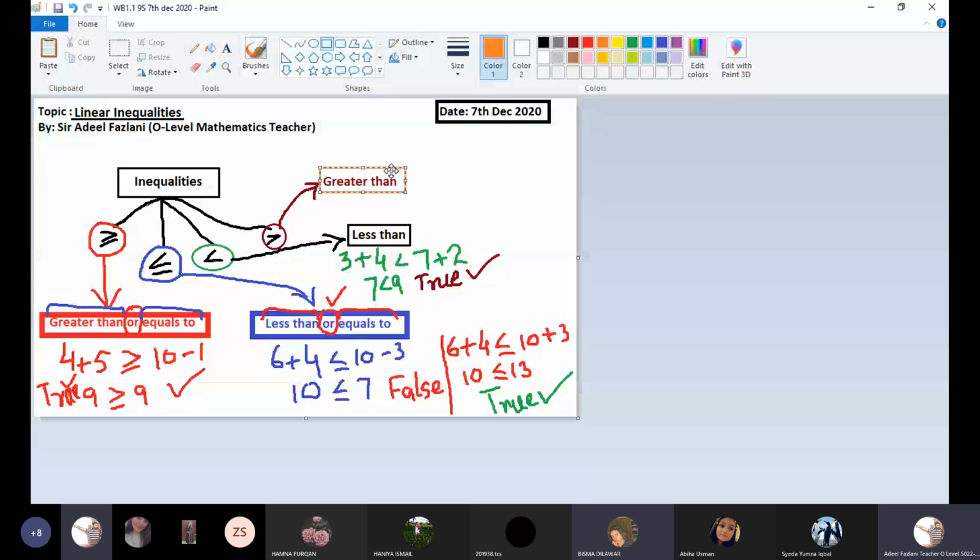Let me write your example. 6 plus 7 is greater than 9 plus 2, which is 13 greater than 11. So this is true, right?